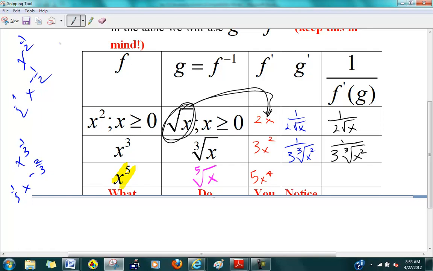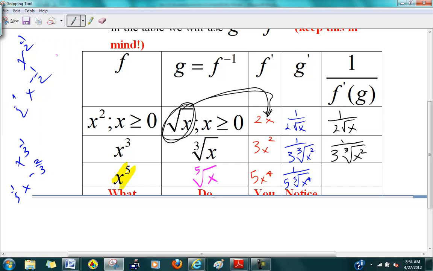She's working on it. Stephanie. So 1 over 5 times the 5th root of x to the 4. Is everybody okay on that? Okay.